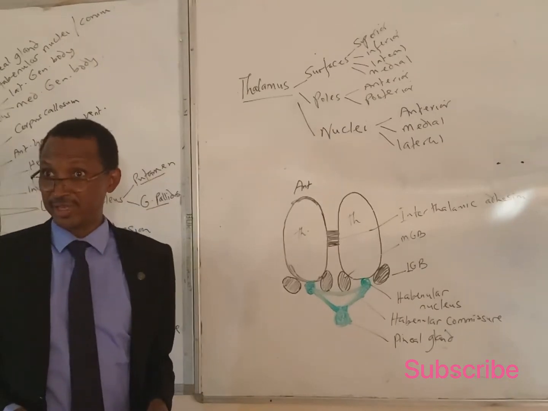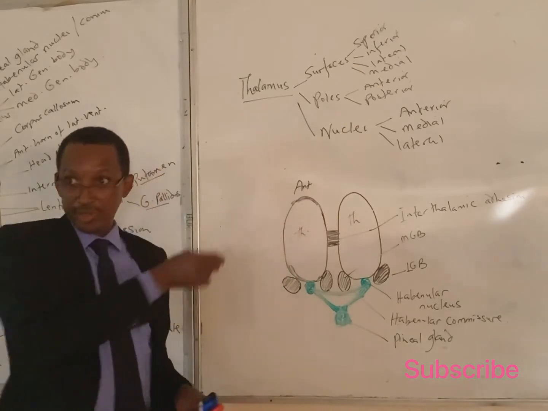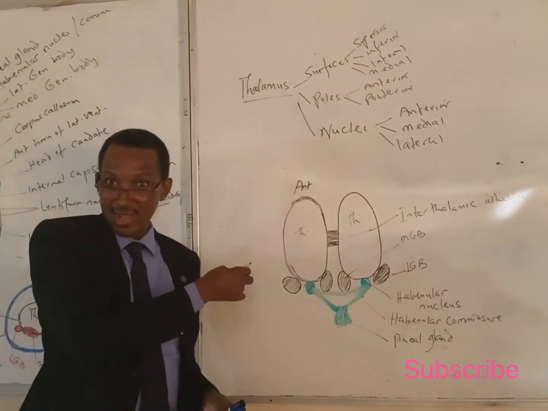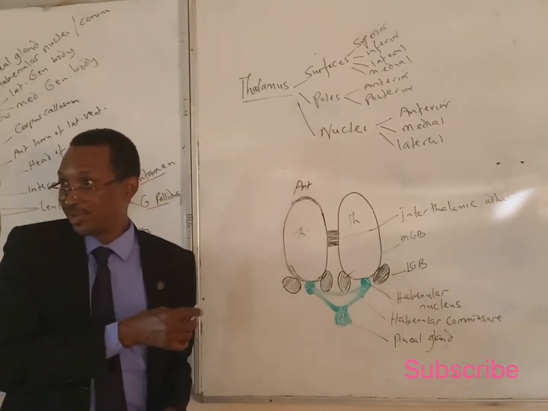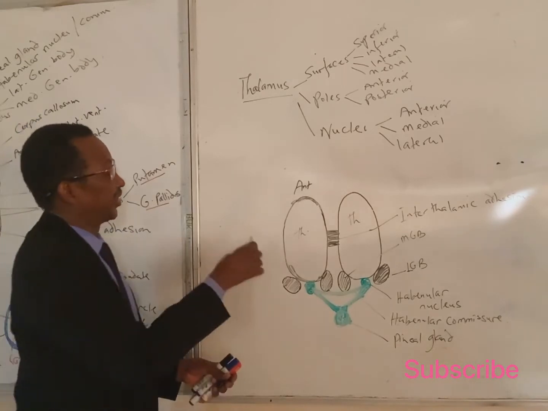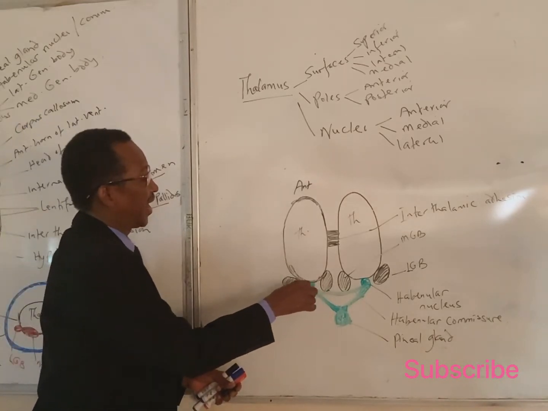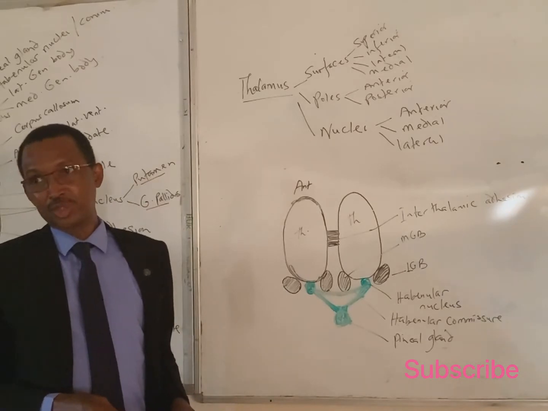Did you hear the differences? The anterior end is round but narrower than the posterior end, which is also round but broader. Are you clear? So now we have seen that the posterior end or pole of the thalamus is broader.